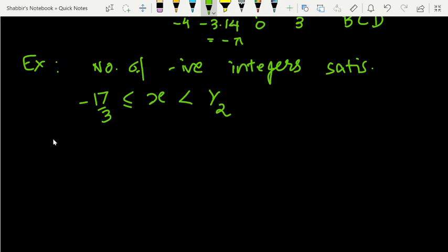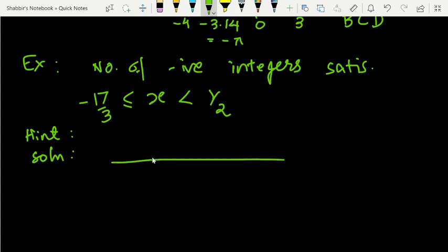Now the hint is what? Hint is the same, guys. We will find the approximate value of minus 17 by 3, and till 0, although it is still half, but till 0, lesser than 0, we will count the number of negative integers. That's the hint. Okay. So the solution I will write now.